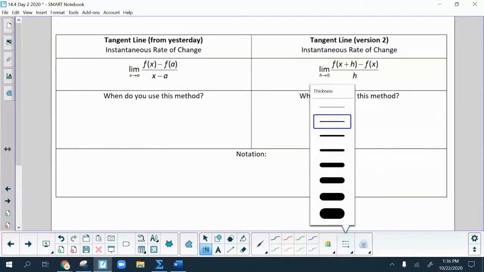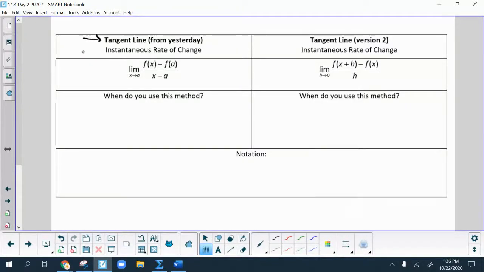So the one on the left, you use this method. So remember, it's called tangent line. It's called instantaneous rate of change. It's also called the derivative. Both of these are called the derivative. And then we have some notation that I'll write down below in a minute.